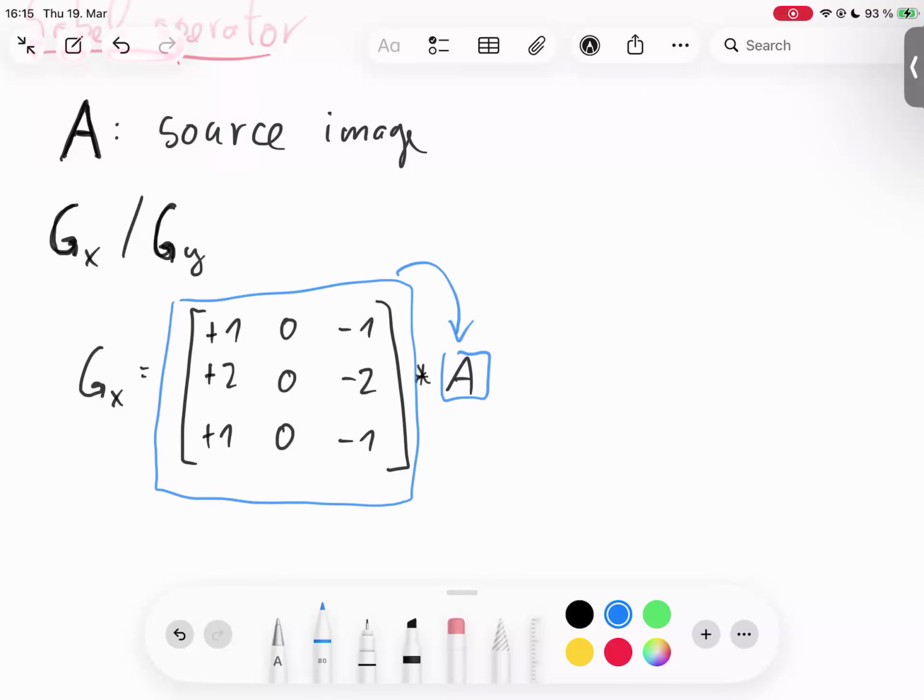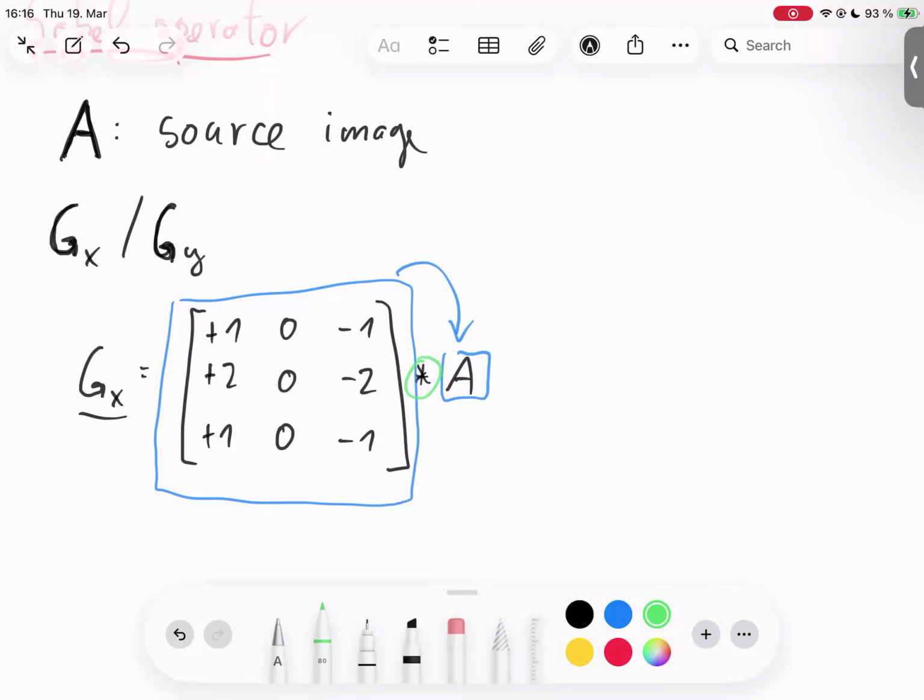I apply it to the first pixel, then the second pixel, and this is always the neighborhood I apply it to, to build a new image, GX. What I will get here is the change along X. Very importantly, this is not a matrix multiplication, because that anyway wouldn't work. It's a piecewise operation.